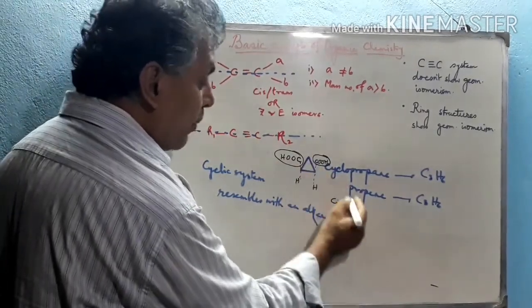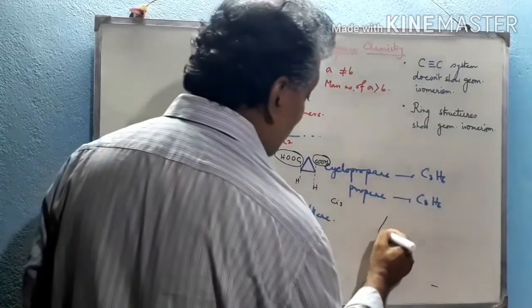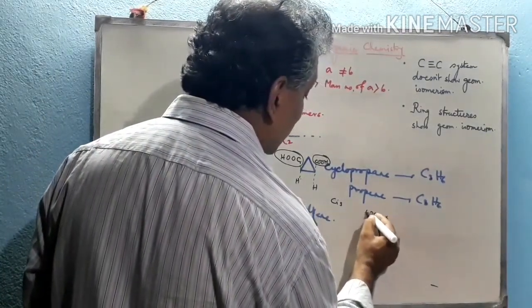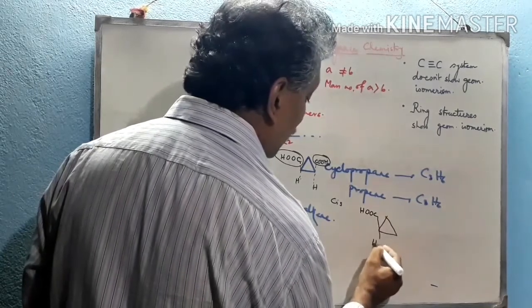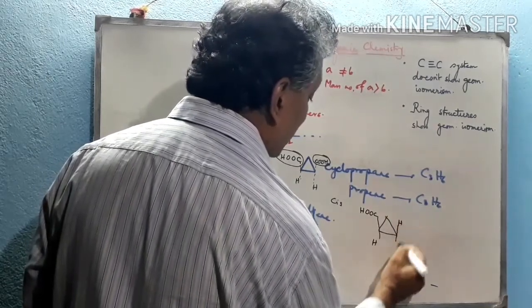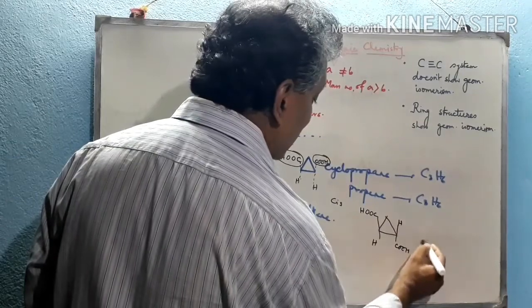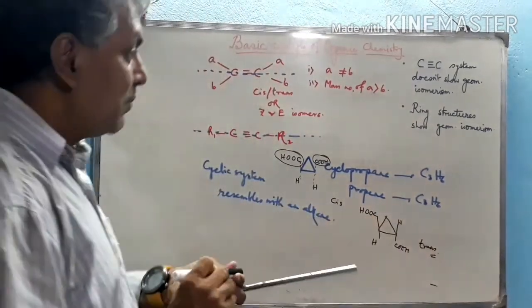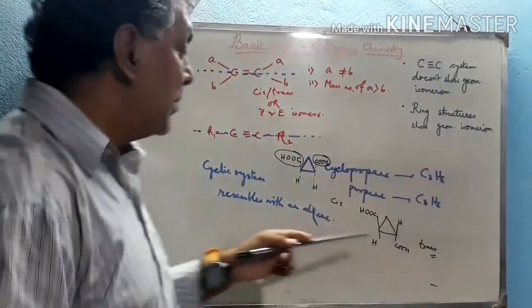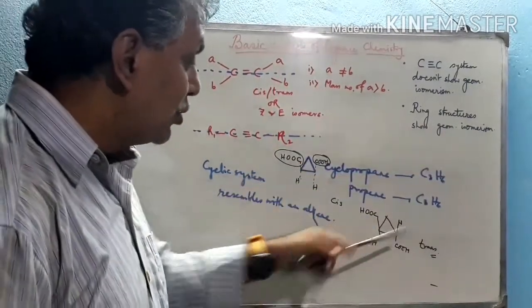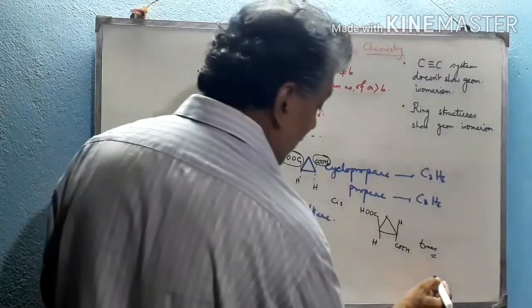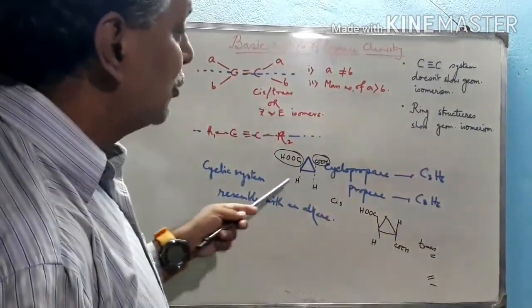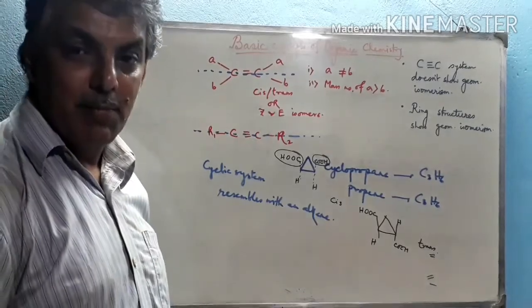And if they are on opposite sides, like this structure, with hydrogen here and COOH here, then this is the trans isomer. So ring structures also show geometrical isomerism. By using these two examples, we can explain that ring structures also show geometrical isomerism.